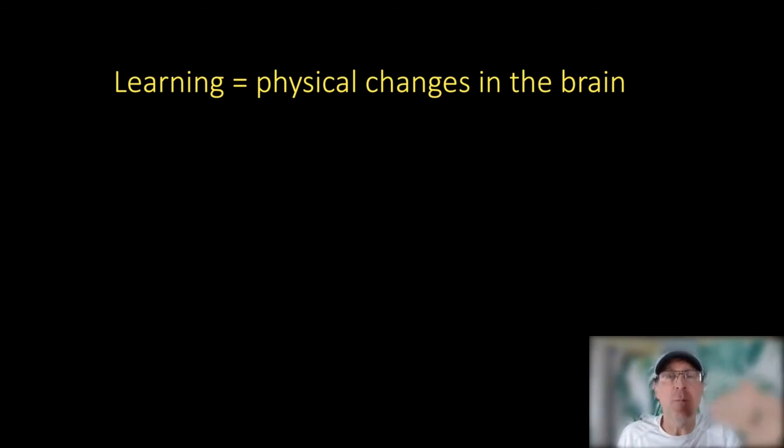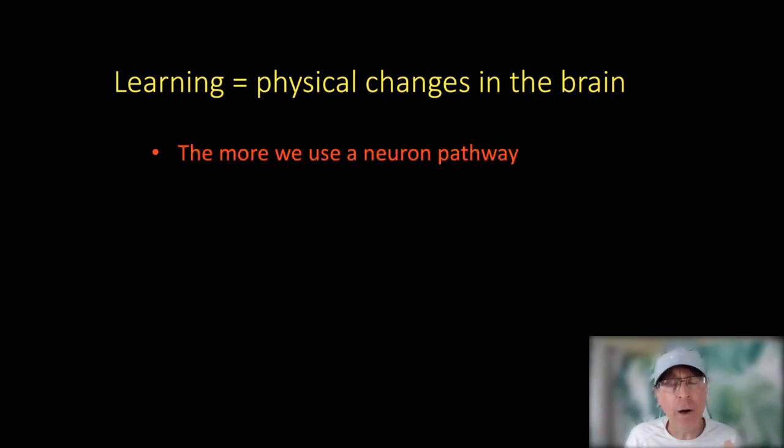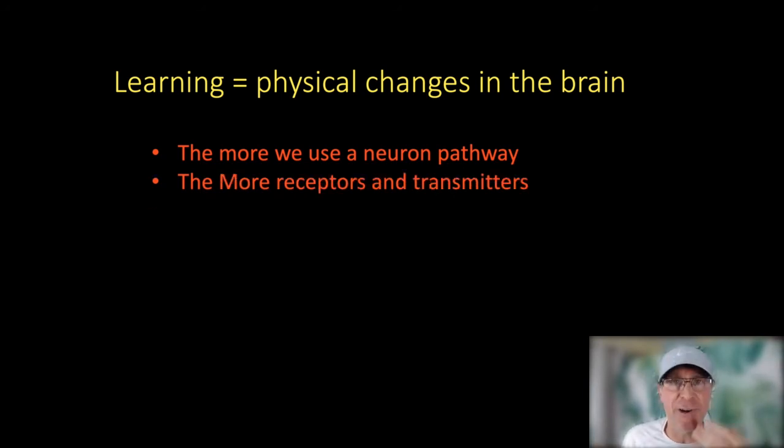The more you read, the more you understand it, the more your brain will change and be more likely to have stronger impulses and a bigger neural net that will essentially hold that memory. The more we use a neural pathway, the more we fire those cells in our brain, the more receptors and transmitters we make. Physical change in the brain.